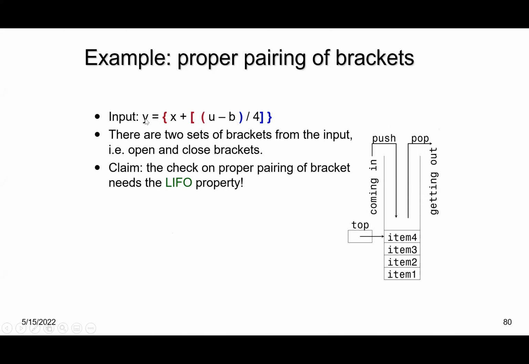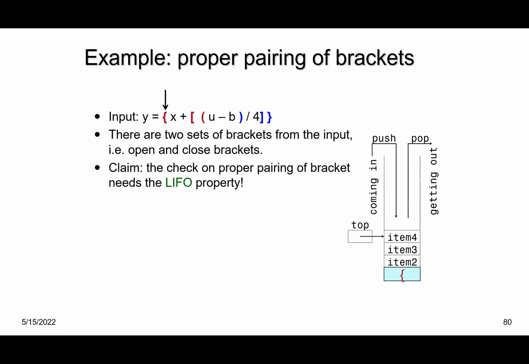Like the first one you encounter will be this Y. So it's not closing or opening, so we just ignore, we do nothing. Then equal also is not opening or closing, so you do nothing. Then the next one when you encounter is an opening bracket. So when you encounter opening bracket, you are going to push it to the stack here.